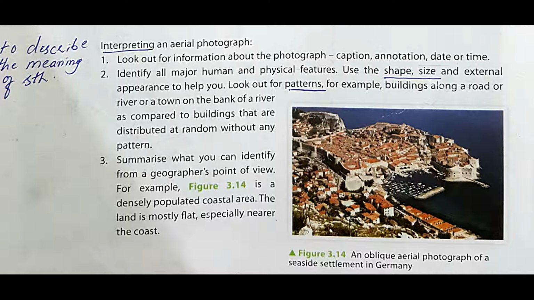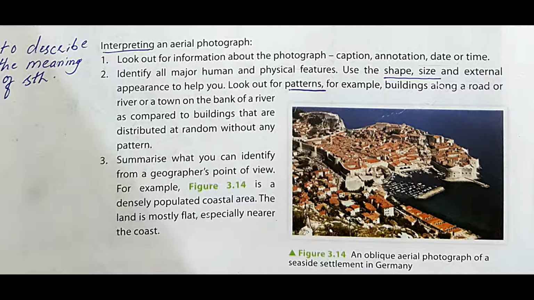Number 2, identify all major human and physical features. Use the shape, size, and external appearance to help you. These are used when aerial photos are to be described or analyzed.